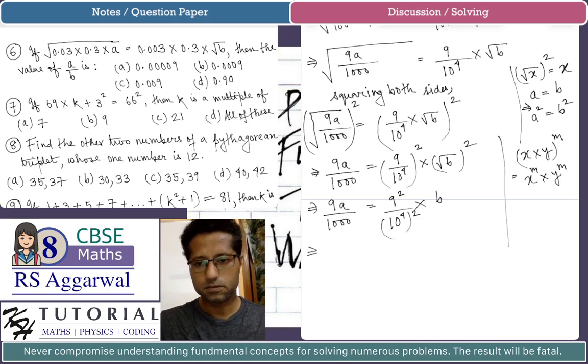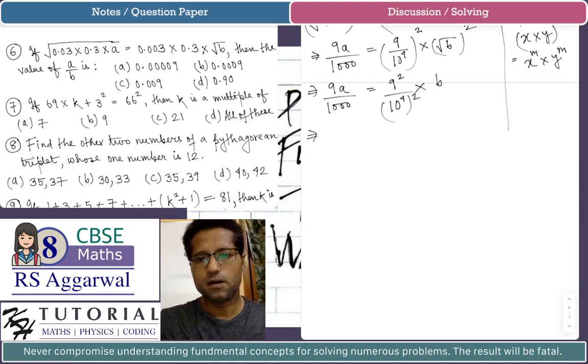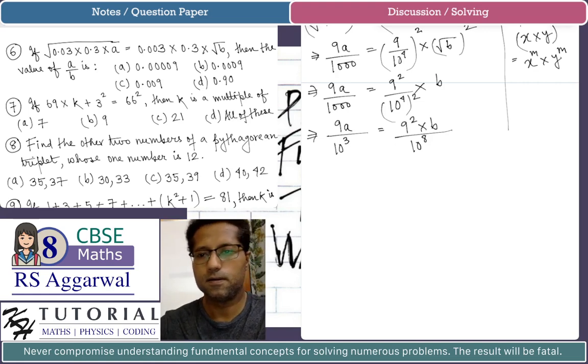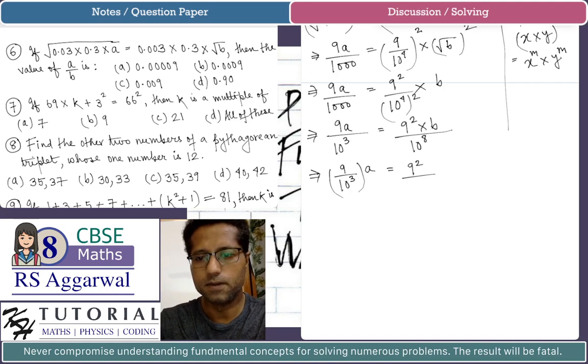So this implies we can say 9a, let's say 1000 is 10 to the power 3, is equal to 9 square into b divided by 10 to the power 4, and its square is 10 to the power 8. Okay, now so this implies that 9 by 10 to the power 3 into a is equal to 9 square divided by 10 to the power 8 multiplied by b.